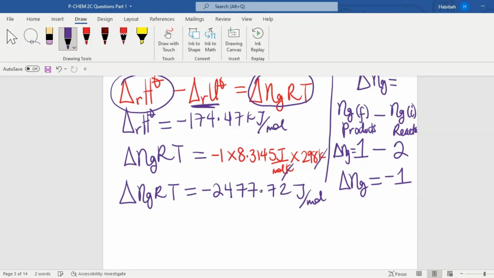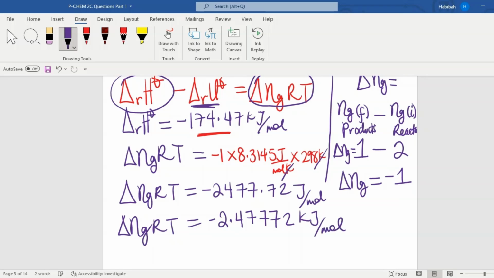Or we can just write it in kilojoules per mole, since our change in enthalpy of reaction is in kilojoules per mole, and we're going to be using it soon. So it's best for you to keep the information in kilojoules per mole. So that's going to be -2.47772 kilojoule per mole.